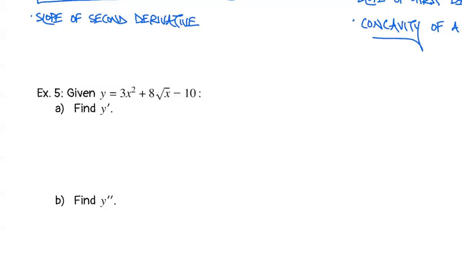It's a good idea to put the x to the 1/2, right? Yeah, I would say let's rewrite this as 3x squared plus 8x to the 1/2 minus 10, right? Let's rewrite the square root so we can see the power, because the power rule is great, but only if you know what the power is, right?